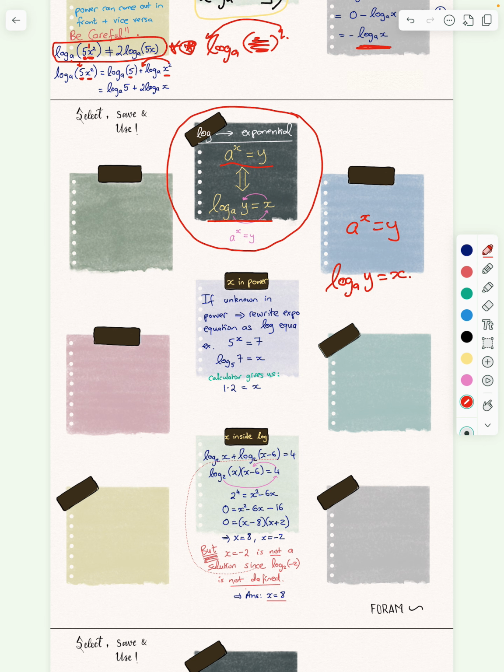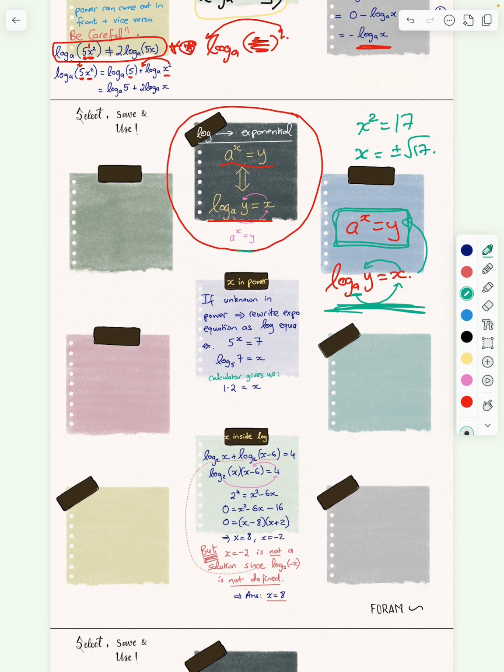How I get from one to the other, I find it easier to go from the log to the exponential by taking the base and kind of going in a circle. A to the x is equal to y, that gives you this. So this is like saying, x squared is 17. An equivalent equation is x is plus or minus the square root of 17. It's just a rewriting of an equation. It just is a quite convoluted rewriting of an equation.